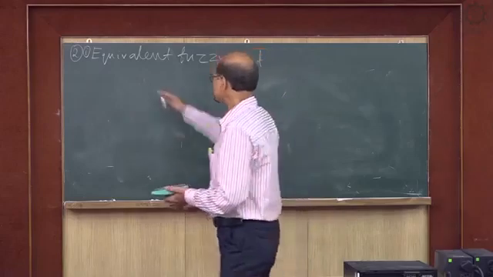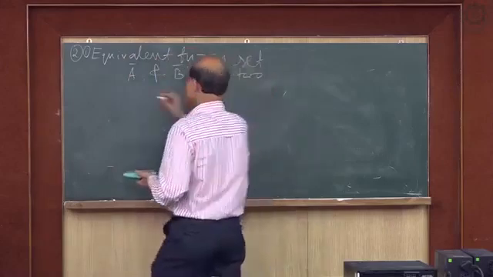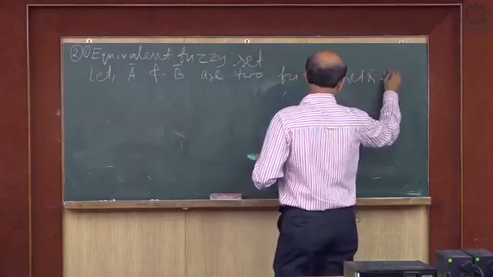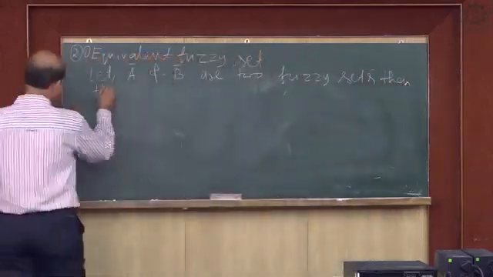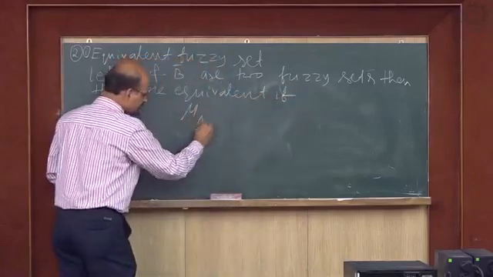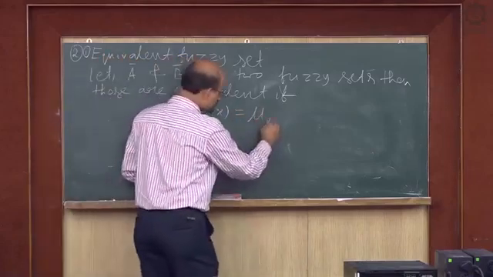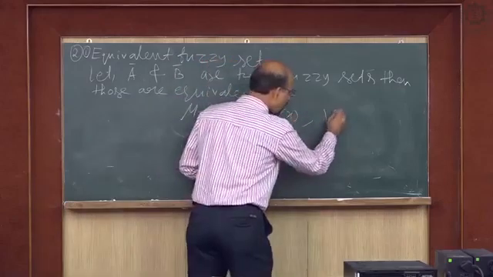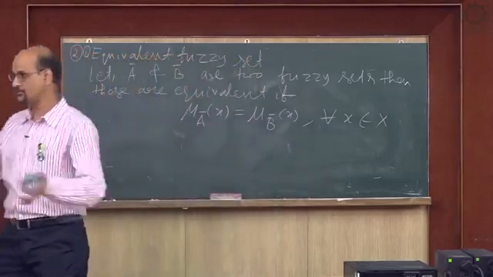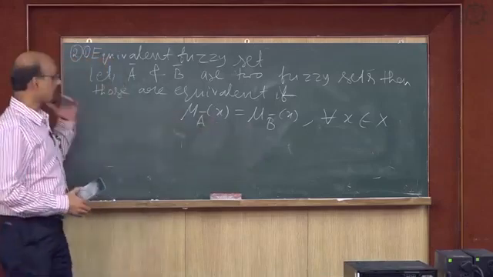The definition is: let A bar and B bar be two fuzzy sets, then they are equivalent if mu A bar x equals mu B bar x for all x belonging to the universal set X. If the membership functions are equal, then we say they are equivalent.